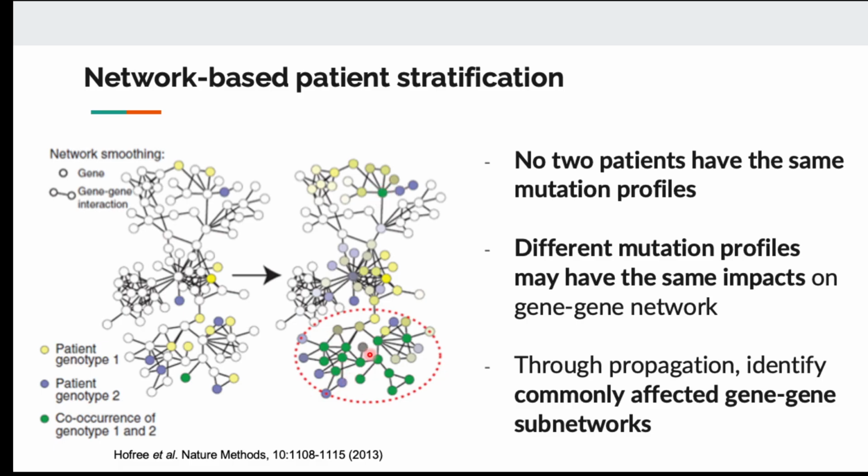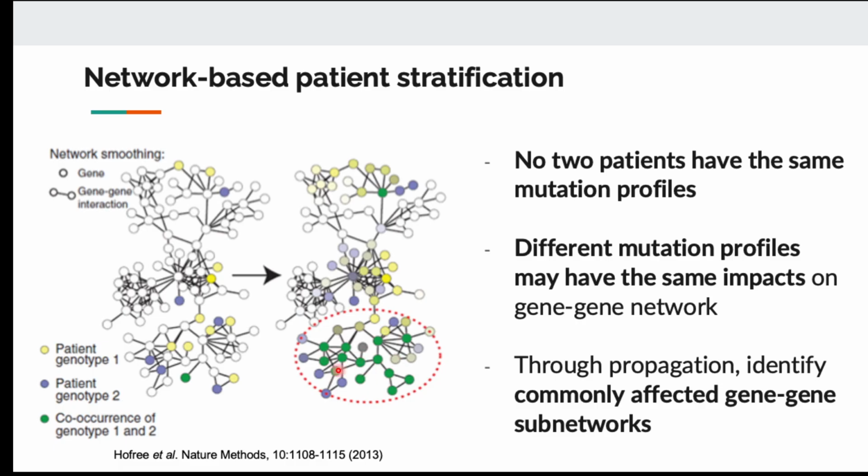This kind of propagation-based analysis starts with a perturbation or mutation at a certain point in the network, but we let the effect flow and propagate inside. We want to identify whether these two patients are similar or not, depending on how much common area is affected in both patients.